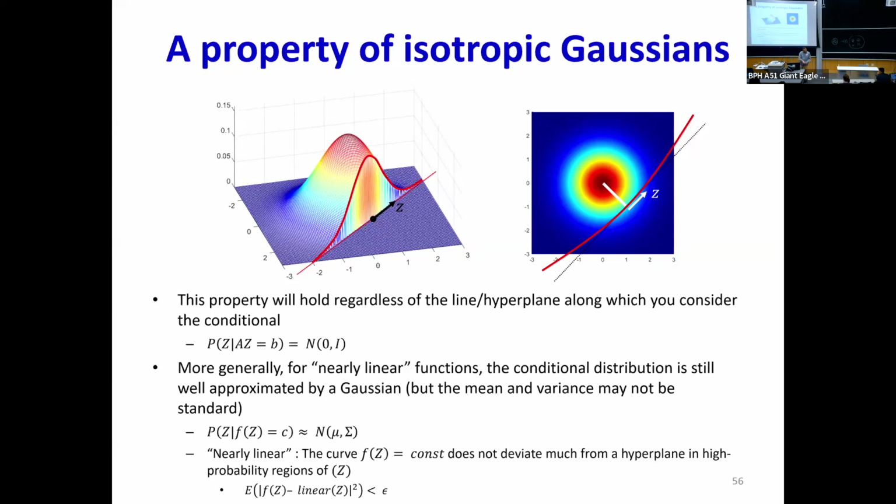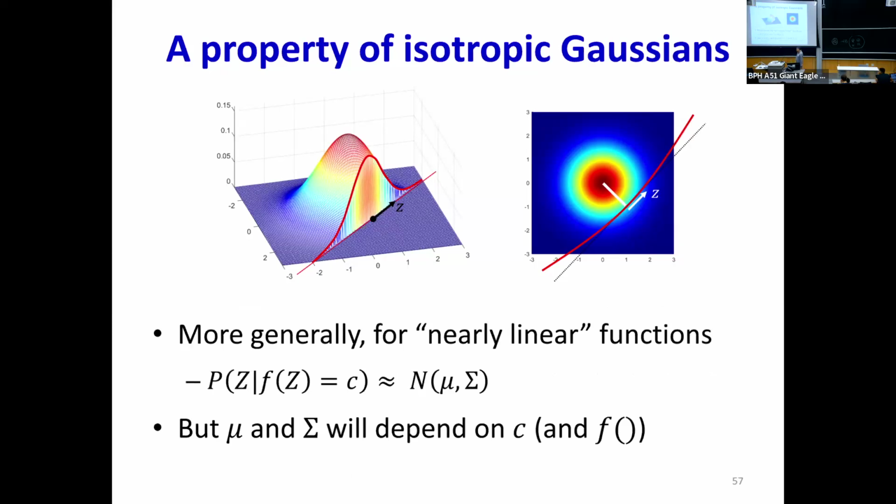And what do I mean by saying nearly linear? It means that the variation between a plane and this curved surface should be small in high probability regions of Z. That's about it. And so once we realize that, I can say that the probability distribution of Z on any curve is also approximately Gaussian.